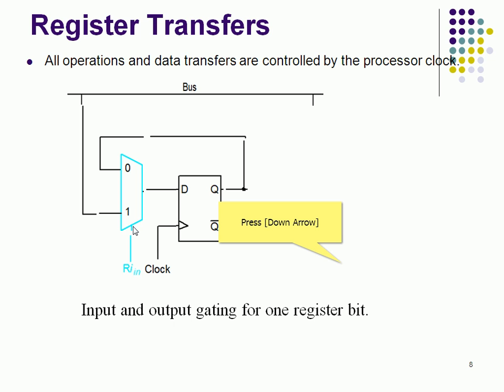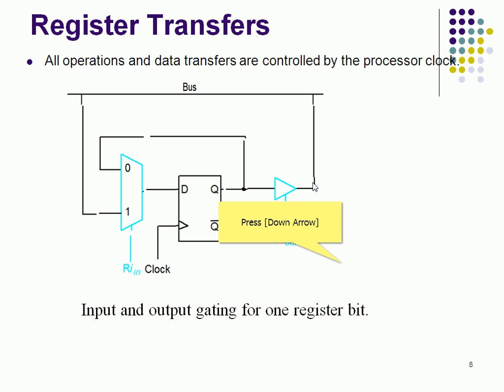Ri in is enabled here, so that is a 1, and it goes to the D flip-flop, and it is made available at the output, and we have Ri out. This is a tri-state buffer controlled by Ri out. When Ri out is 1, whatever data is there comes out. If Ri out is not enabled, the data will be locked here, right?